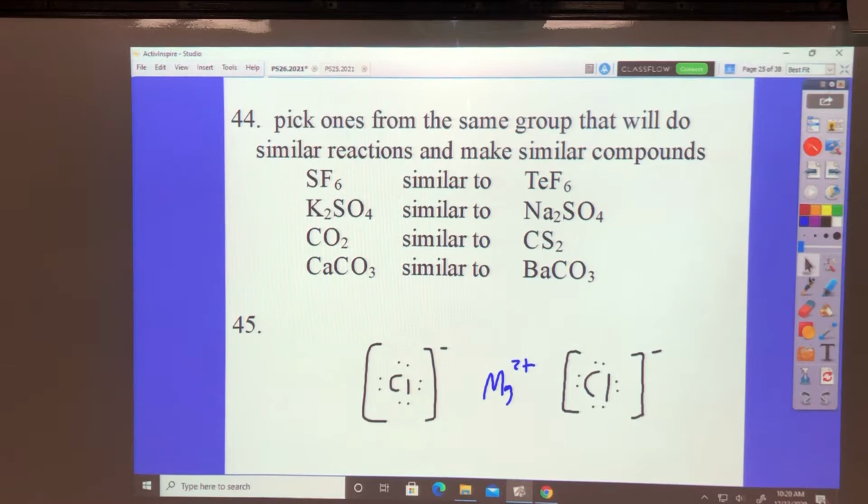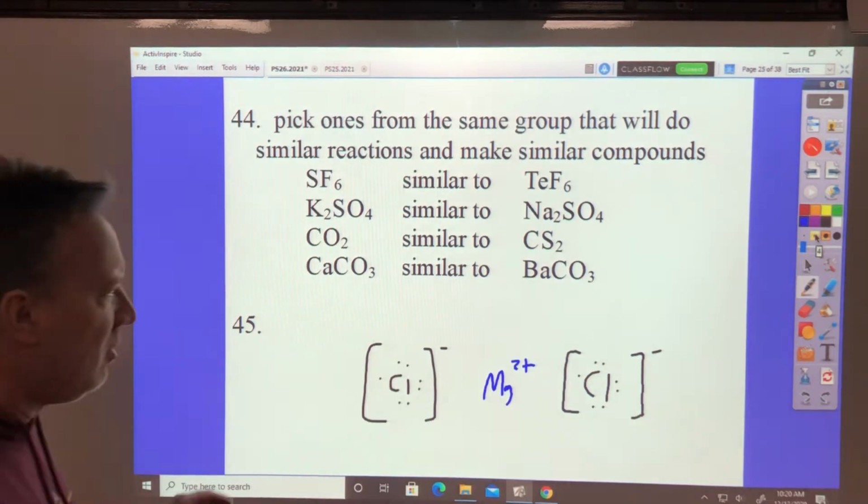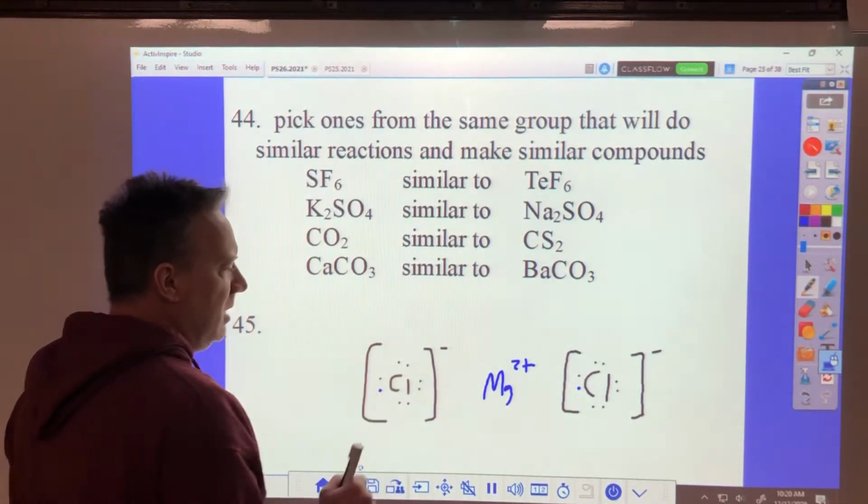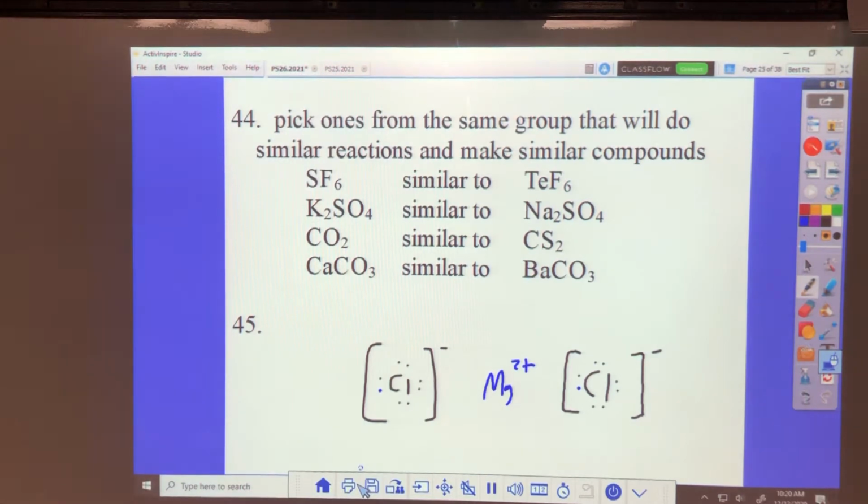Then I can put one of my dots, let's say that one, and that one. I can make those dots blue to show that one of them came from magnesium and one of these came from magnesium.